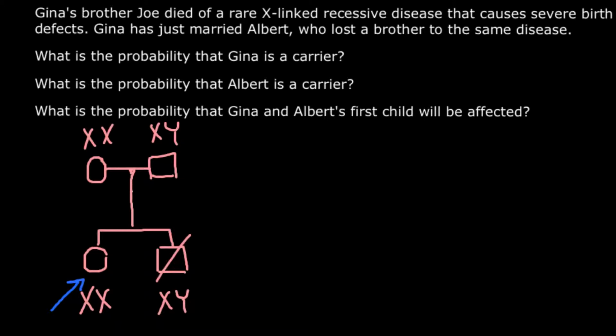It is X-linked, so we can use a different color to show that he got the defective X chromosome, and of course he got the Y chromosome from his father, and he also got an X chromosome from his mother. That means that his mother must be a carrier.